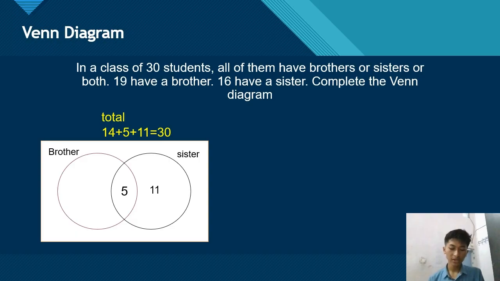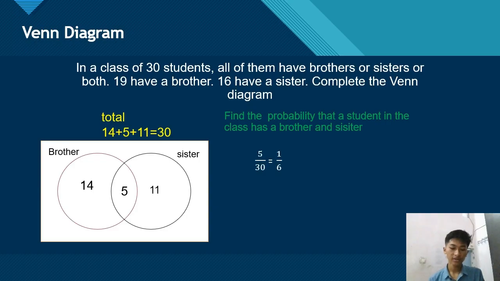If we consider the arithmetic, the count is 35 against 20, so that must mean 15 have both a brother and a sister. Then, what is left: 19 minus the overlap gives the brother-only region, and the sister-only region is 16 minus the overlap.